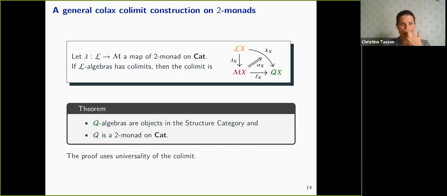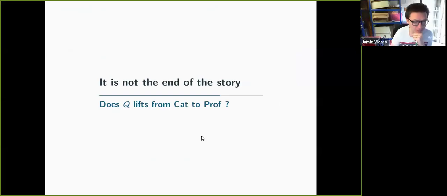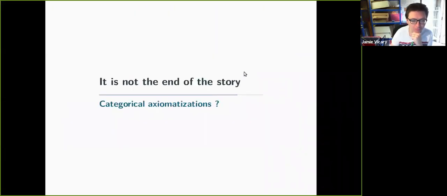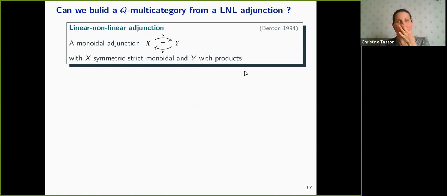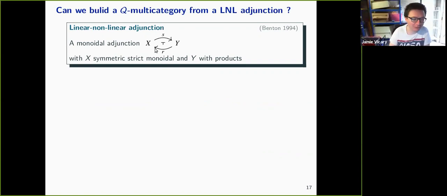So one thing I can do to answer this question is to go a little bit here. I'm sure you know about the linear nonlinear adjunction that allows us to interpret linear logic. Jamie, you can answer that? Yes. Sorry, I was muted.